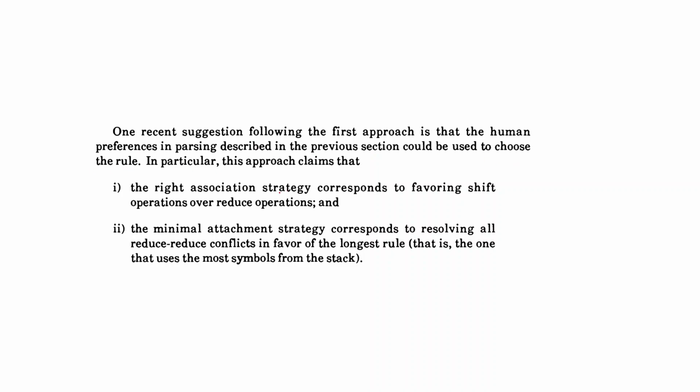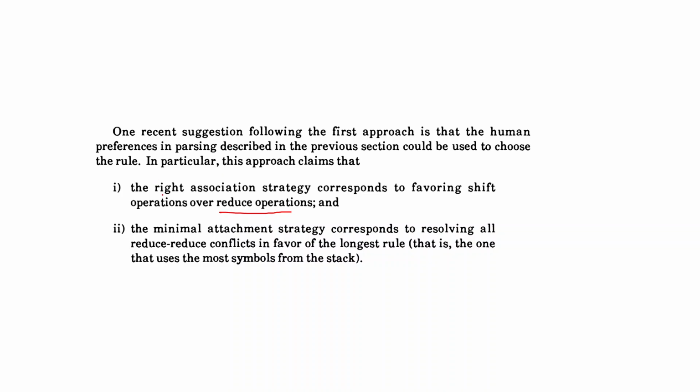The right association strategy corresponds to favoring shift operations over reduce operations. If you have a shift-reduce conflict, what right association says is that whatever is there on the right attaches to the constituent which is closest to it, which means you always prefer shift operations onto the stack, and then you consider it as a unit.